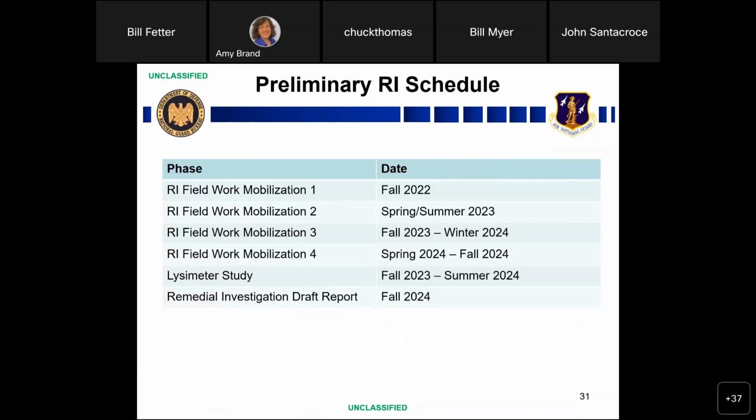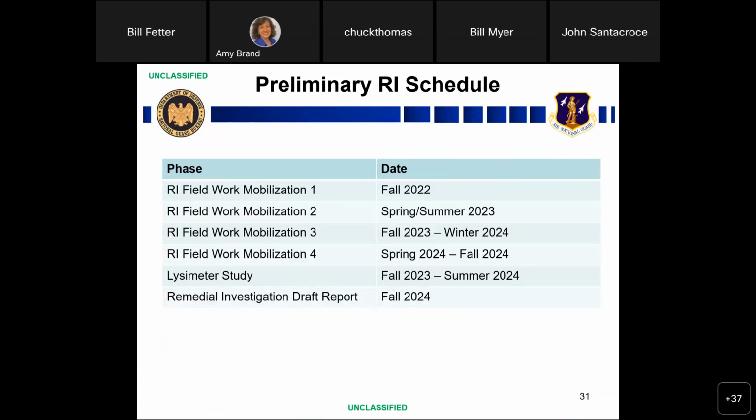So this is our schedule, kind of unchanged from what you've seen in the past. Field mobilization 1 will go through this fall into early winter, ending toward the end of this year. We'll analyze the sample results. It takes anywhere from 15 to 20 days from when they're received by the lab to come back to us.